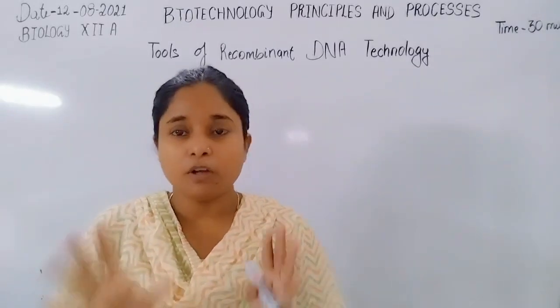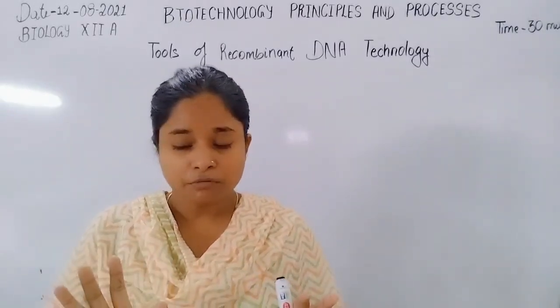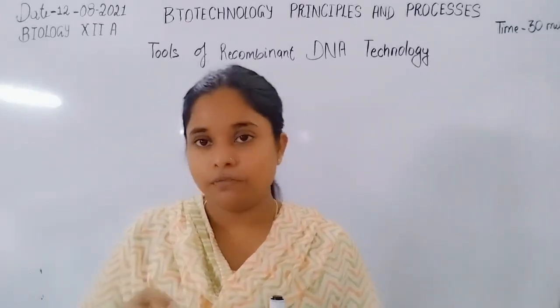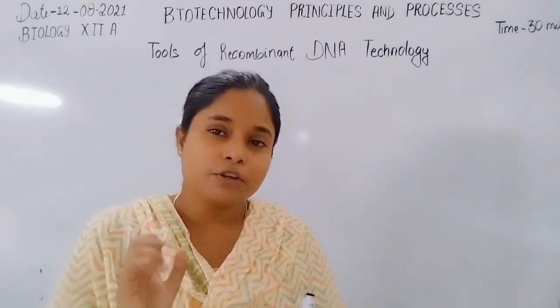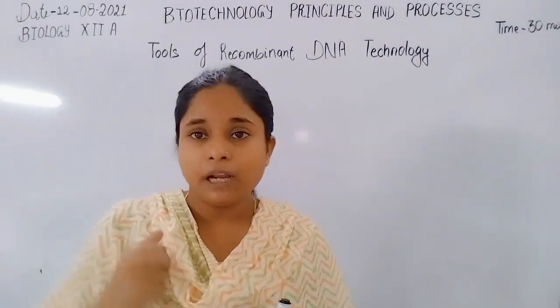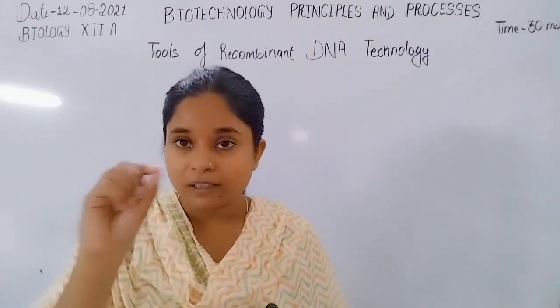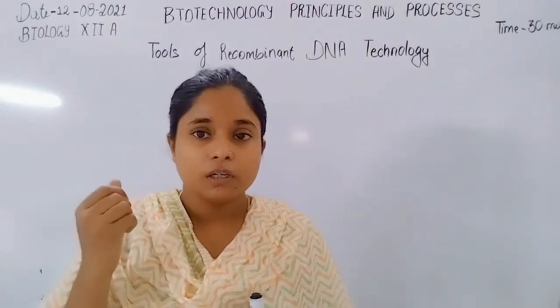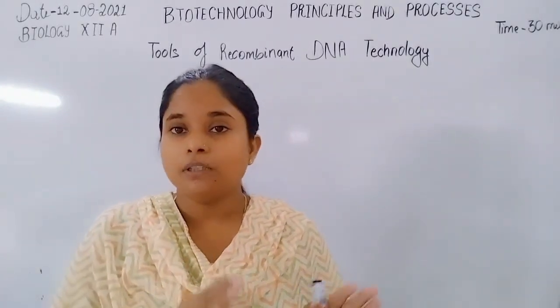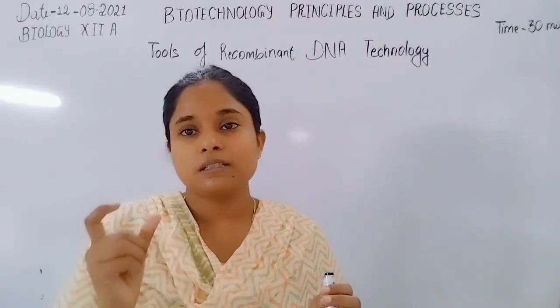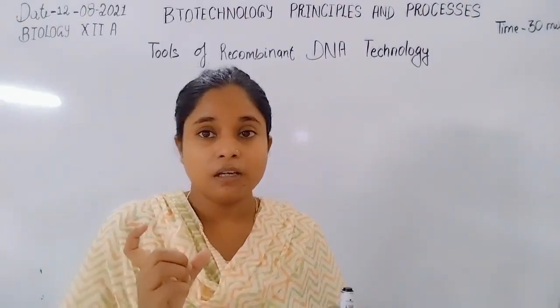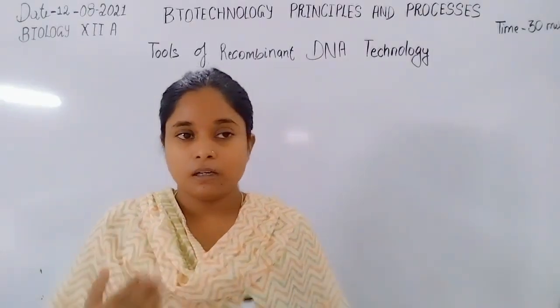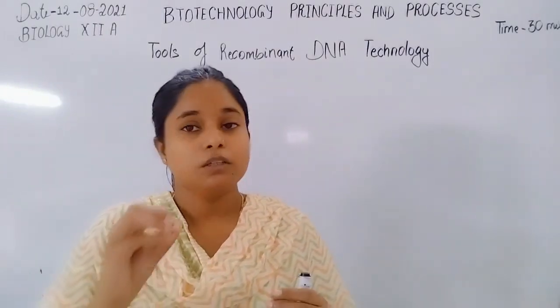For example, bacteria by themselves are not able to synthesize human insulin, but when we ligate the specific genome responsible for the synthesis of insulin hormone into the bacterial cell, we can then synthesize the human insulin hormone through the bacteria.